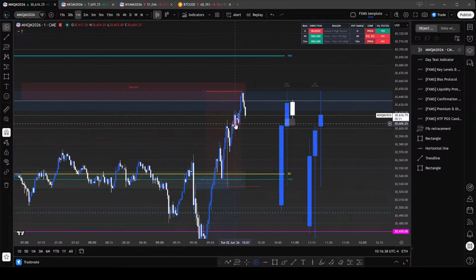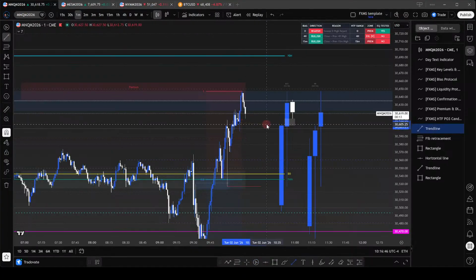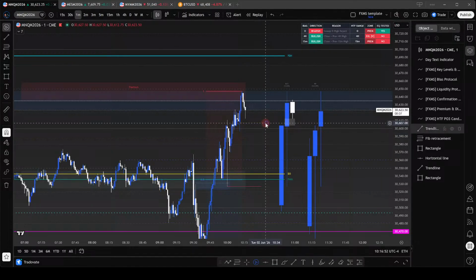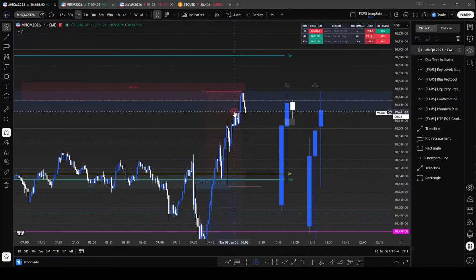Right, if we get a change of character here, could see that finally. So far on this uptrend, we have not had a single change of character retracement, right?